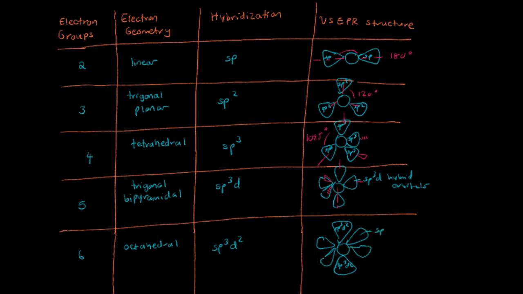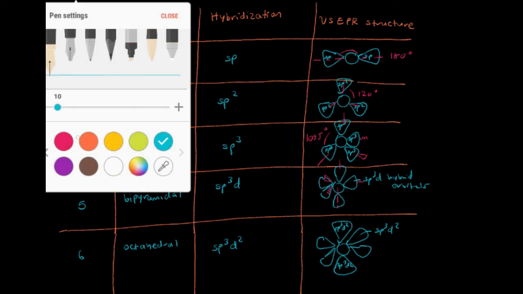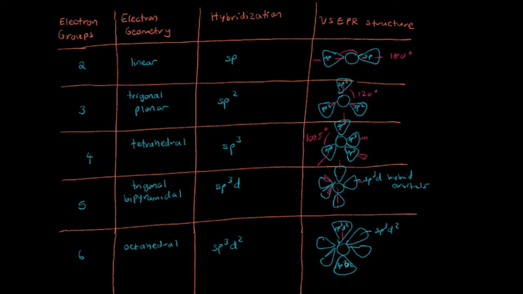They're all going to be sp3d2. So that's the idea, guys. You want to try to draw it with the VSEPR structure, but that's the summary of hybridization.